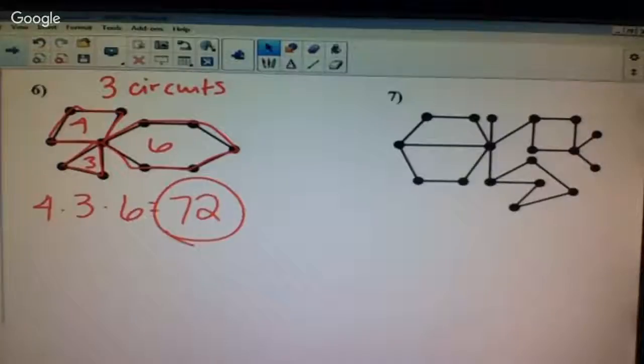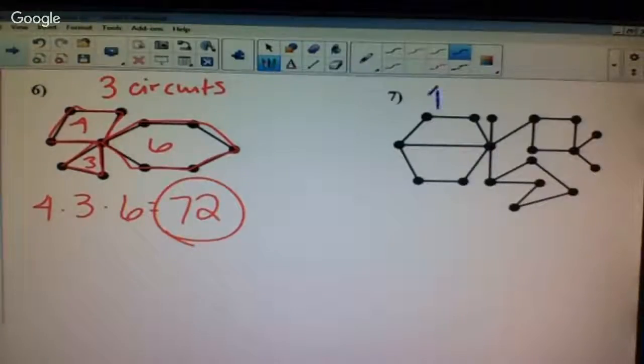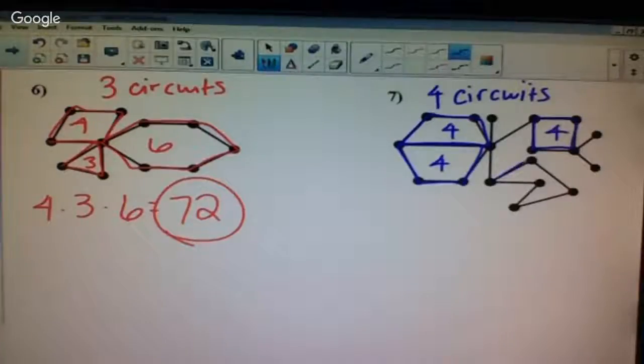So let me go over this real fast, and then you can start on your work. Number 7, we have 4 circuits: a circuit of 4, a circuit of 4, a circuit of 4, and a circuit of 5.